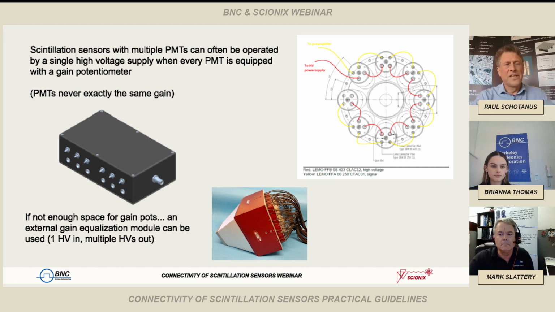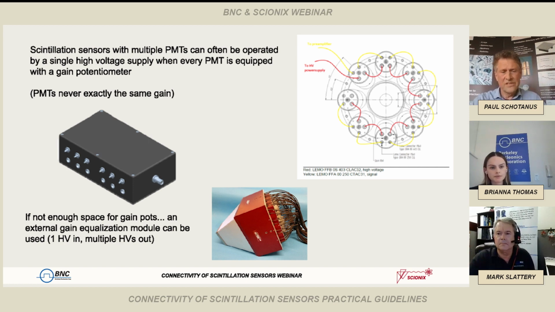Of course, some scintillation sensors contain multiple photomultiplier tubes, like, for example, Compton suppression shields, where you see the one at the bottom there even has, I think, 32 photomultipliers. Fortunately, we don't need 32 high voltage power supplies for that, or a 32 channel high voltage power supply, but we can simply use a distribution module where with simple gain potentiometers we can actually adjust the gain of every photomultiplier tube to the same value.